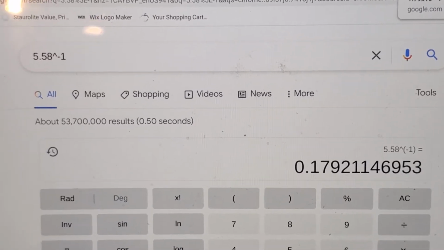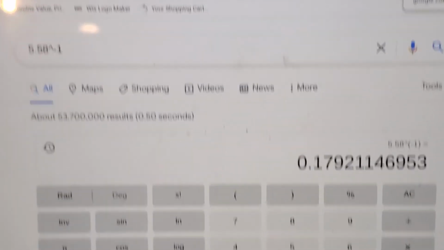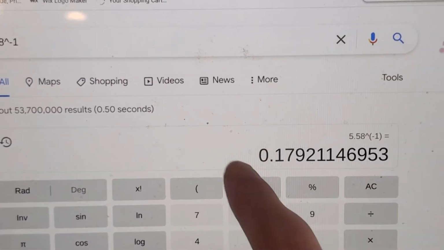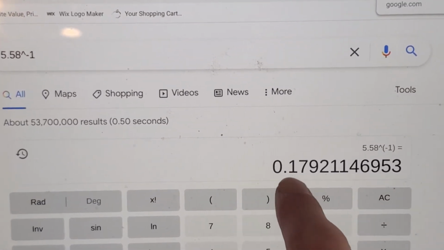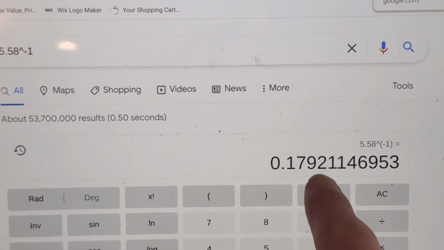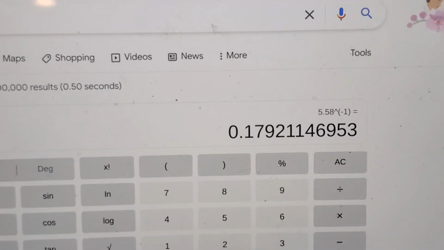As you can see, 5.58 to the negative first power equals 0.179 and then a bunch of other numbers.